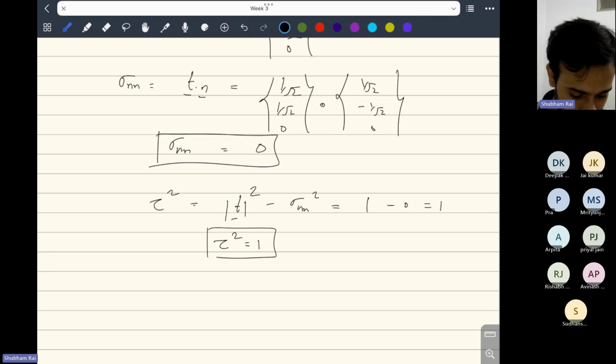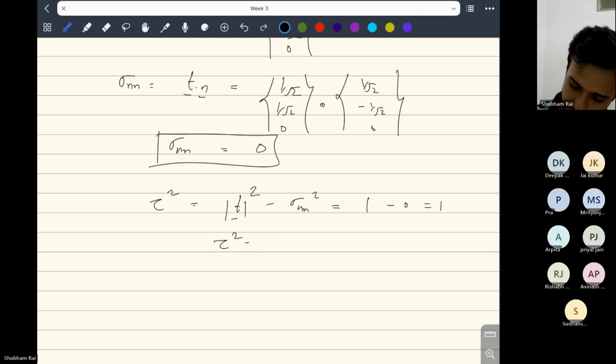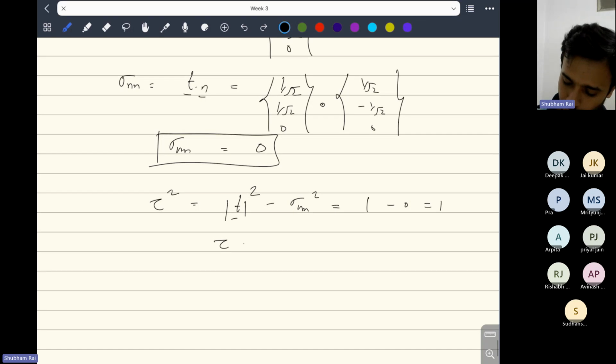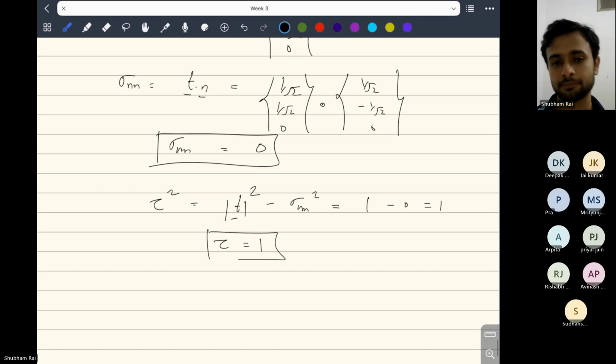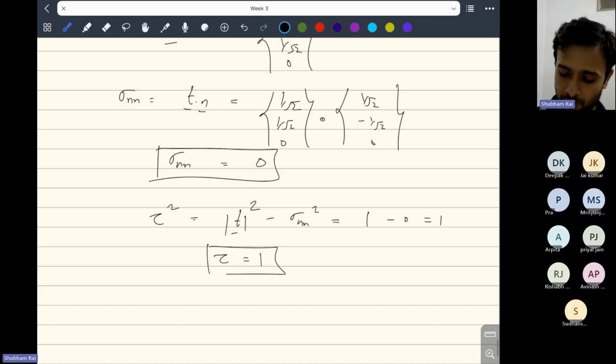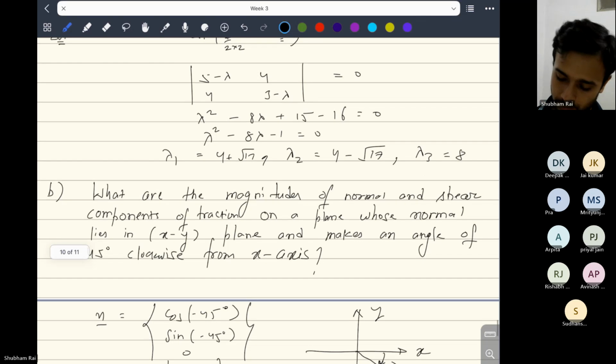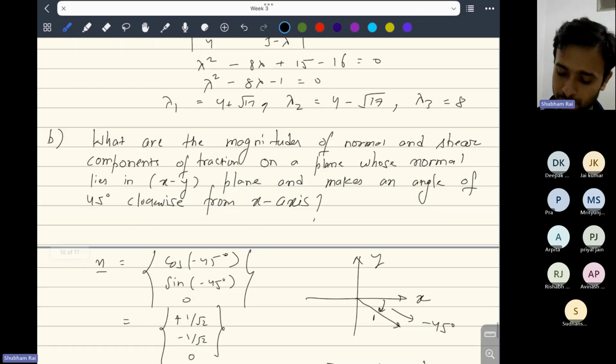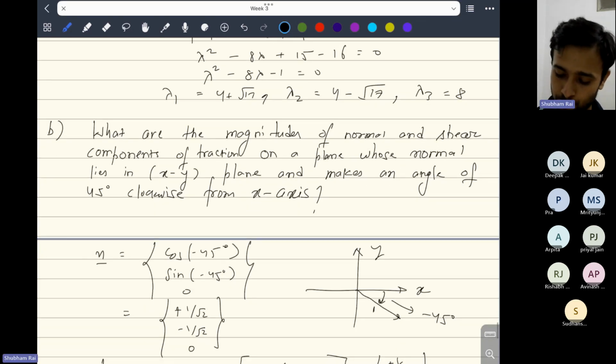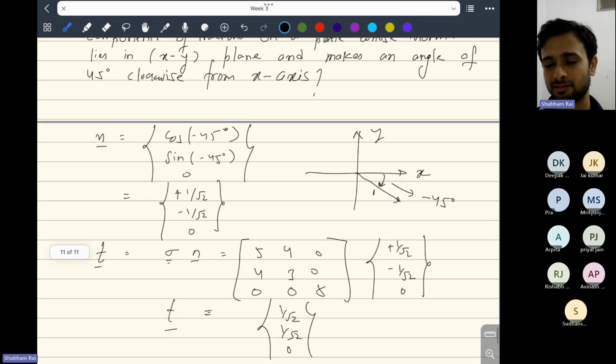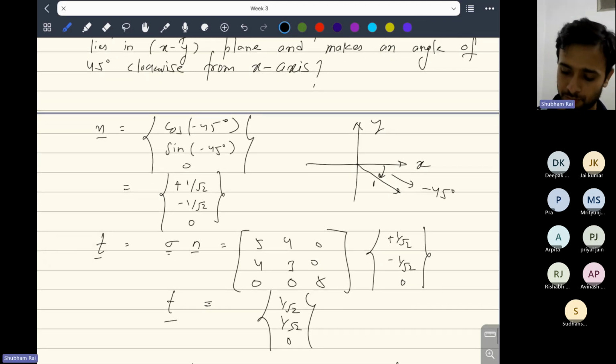Magnitude of tau will be 1. That's how you will find magnitude of normal and shear components of traction on a plane whose normal information is given to you.